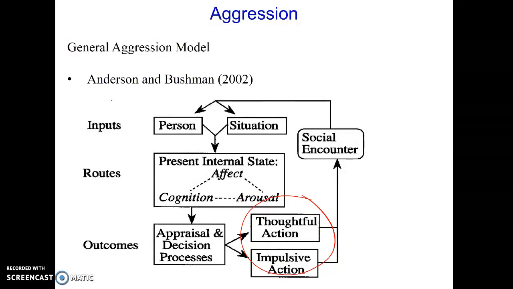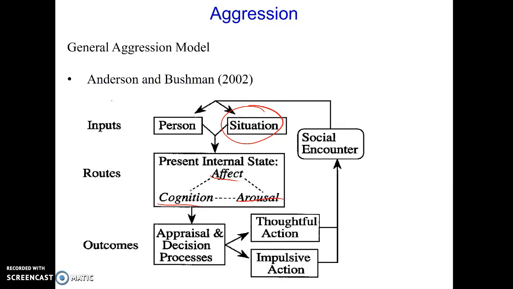So let's go through one cycle of this thing. Let's say that you are at a crowded bar and someone provokes you. That is the situation right here. That provocation is going to make you angry, aroused, and or it's going to make you primed. That priming is going to go with your initial attribution.